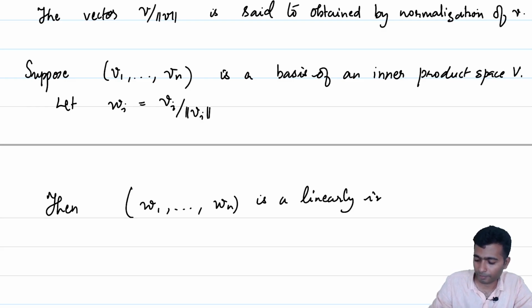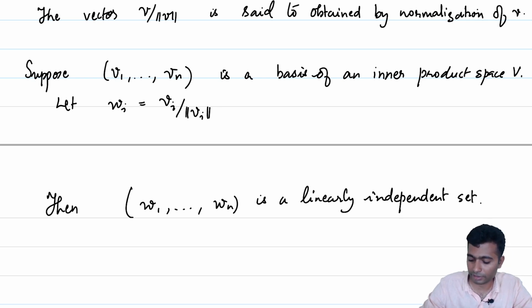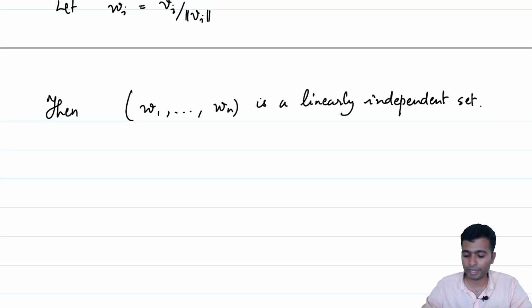Why is that the case? Because if it is not a linearly independent set, we will be able to obtain a linear combination of w1, w2 up to wn which is equal to 0 with not all coefficients equal to 0.